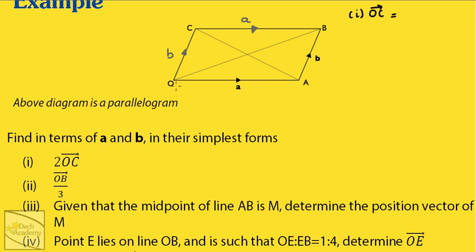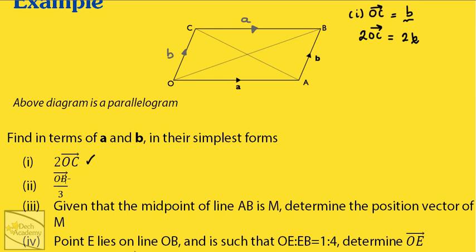Well, OC is simply B, as you can see here. So 2OC is 2 times B. 2 is a scalar, B is a vector. So that's part 1.